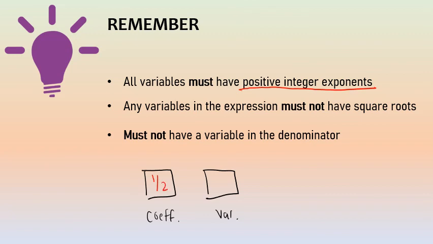Okay? Pwede yon sa coefficient. As long as your variable must not be in the denominator. So yung variable natin, hindi siya pwedeng maging over the denominator. Hindi siya pwedeng nasa denominator. So mali ito. Hindi pwede yan, class. Okay? So, ayan. Okay? So, that's it.